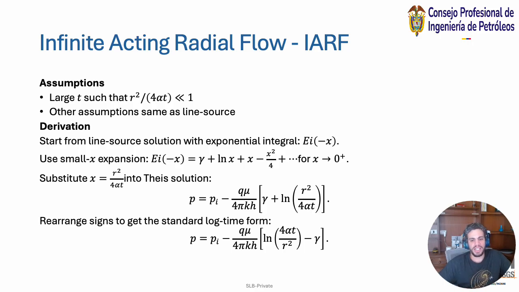And then we can rearrange that equation, and we can finally solve for the IARF. And again, the key takeaway is that this is the basis for semi-log straight line methods, which is also known as Horner type analysis. And you're trying to basically estimate the permeability from the slope that you're getting, right?